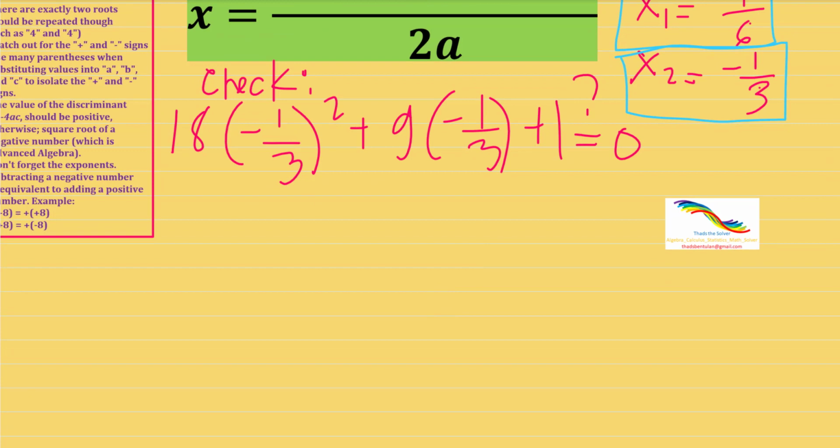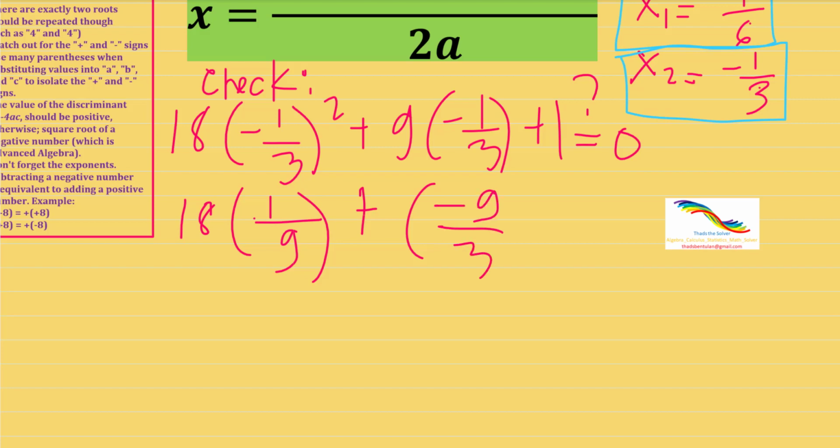So let's simplify. That's 18 times negative 1 squared, that is positive, that's a square, that's an even number. So that's 1 over 3 squared, which is 9. Remember the denominator has to be raised to exponent 2 also. Plus negative, that's negative 9 over 3 plus 1. Is that equal to 0?